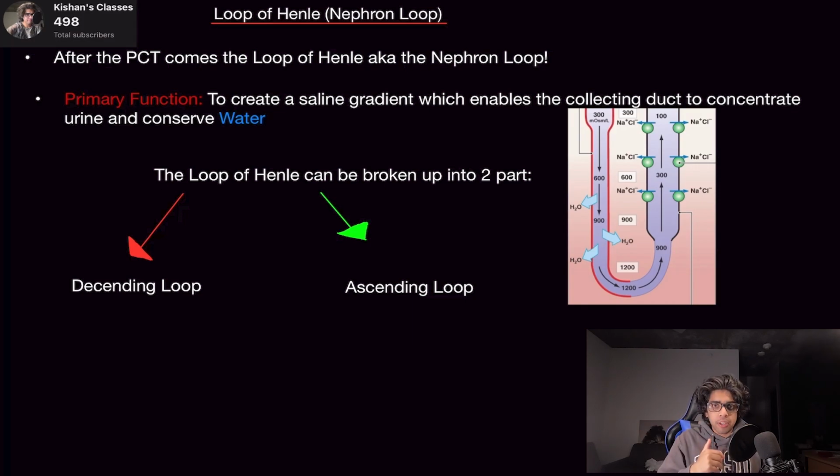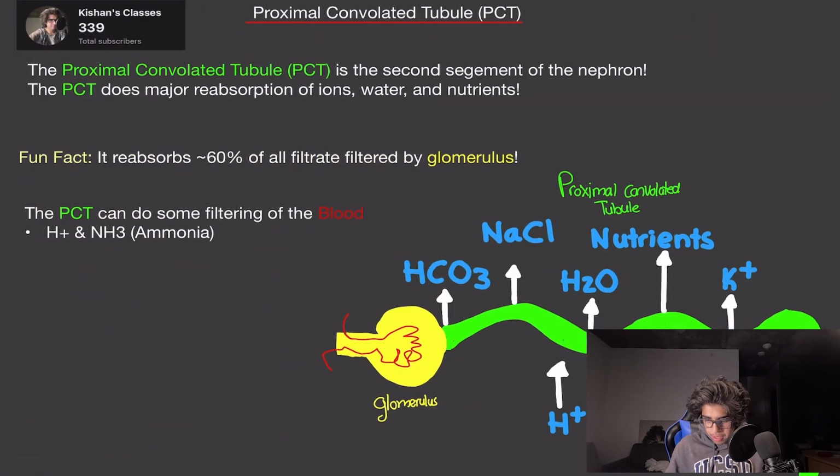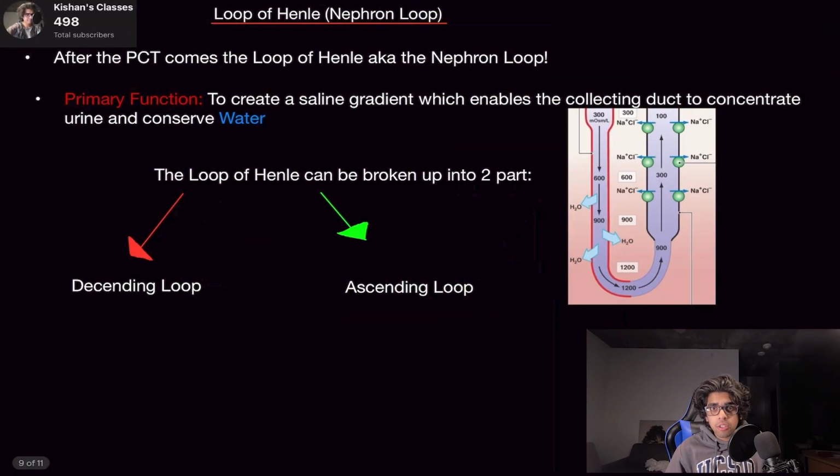So in the last physiology video, we went over the PCT, the proximal convoluted tubule, which was this stuff. If you haven't watched that, go watch that. Now we're on to the loop of Henle. The loop of Henle has one primary function, one purpose and one purpose only, and that is to create a saline gradient in the kidneys, or specifically the nephron.